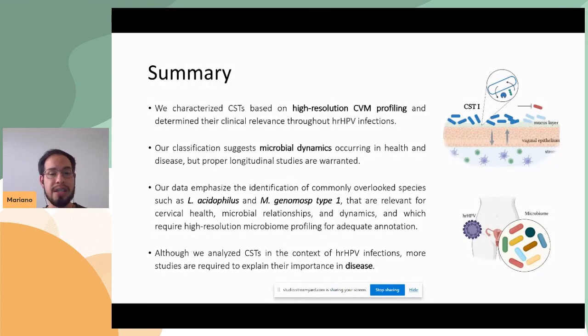Our data emphasize the identification of commonly overlooked species like Lactobacillus acidophilus and Megasphaera genomosp type 1 that we believe are relevant for cervical health, microbial relationships, and dynamics, and which require high-resolution microbiome profiling for adequate annotation. And although we analyze CSTs in the context of HPV infection, more studies are required to explain their importance in cervical health and disease.